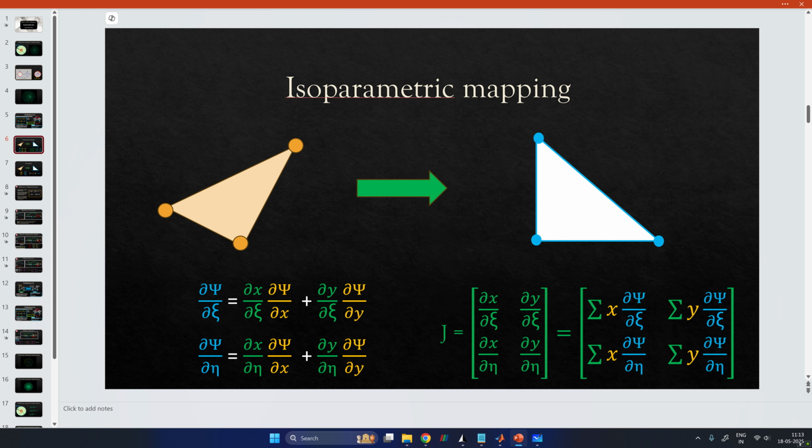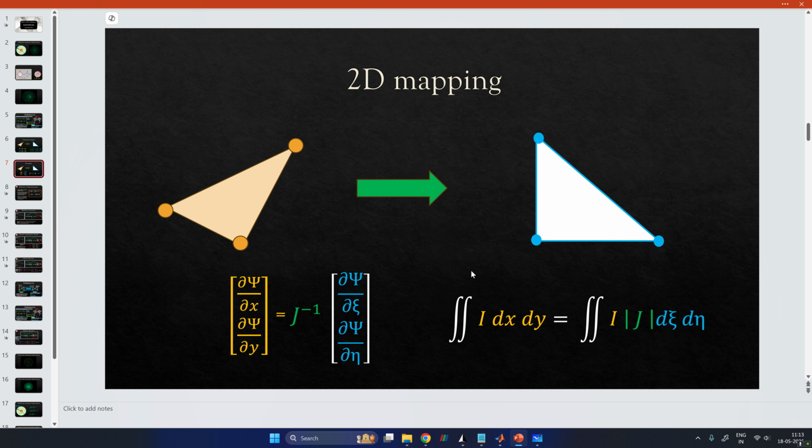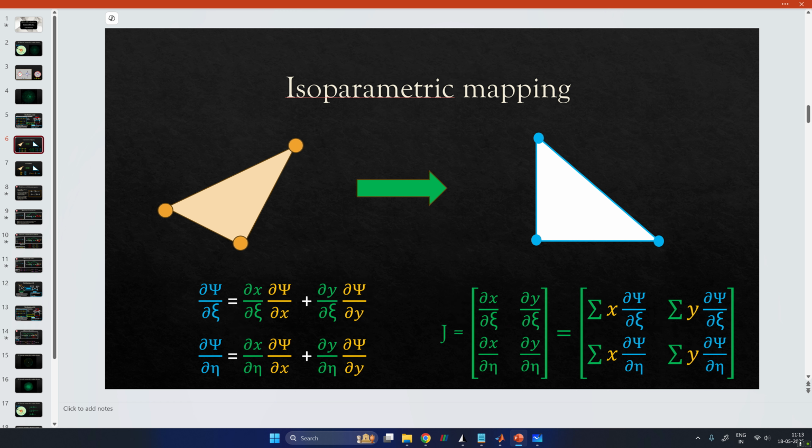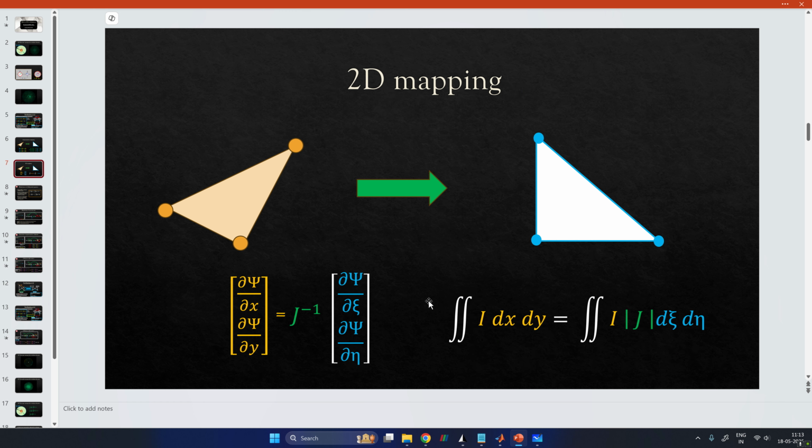You can just add them and get this Jacobian matrix. To get your physical derivatives, you simply take the inverse of this matrix to get d psi by dx and d psi by dy. This is how you compute your derivative.